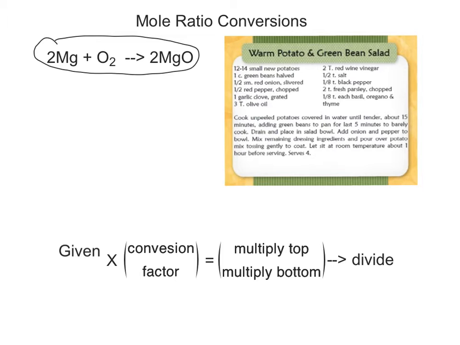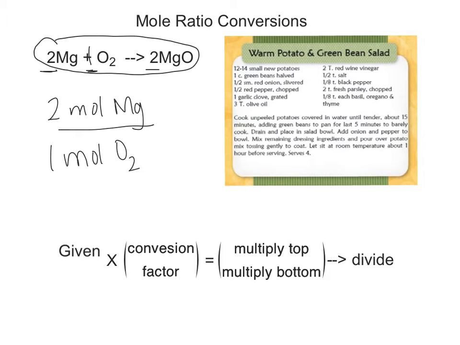So if we look to our chemical reaction here, we can see that we have 2 moles of magnesium with 1 mole of oxygen gas to produce 2 moles of magnesium oxide. So we can use any of these to come up with a mole ratio. We can say 2 moles of magnesium to 1 mole of oxygen gas.